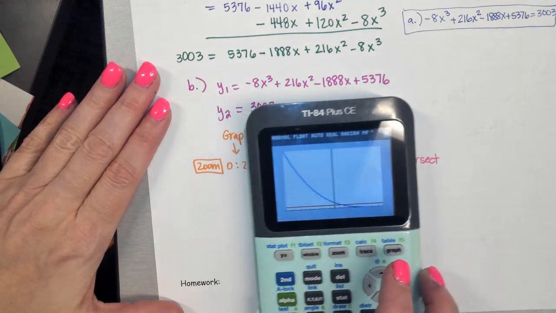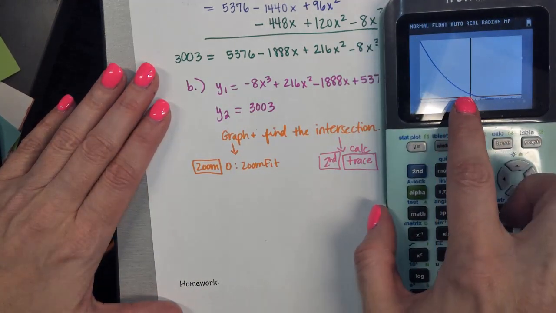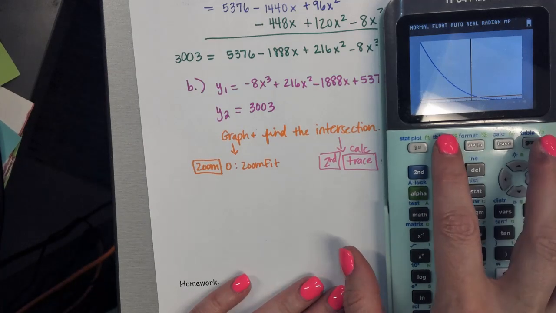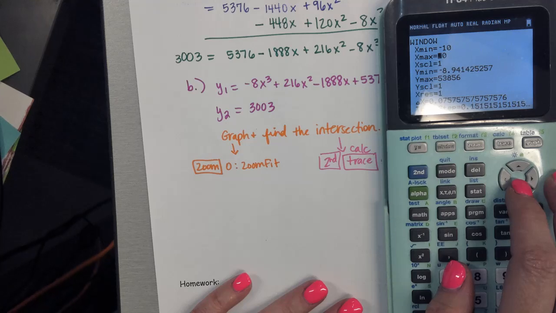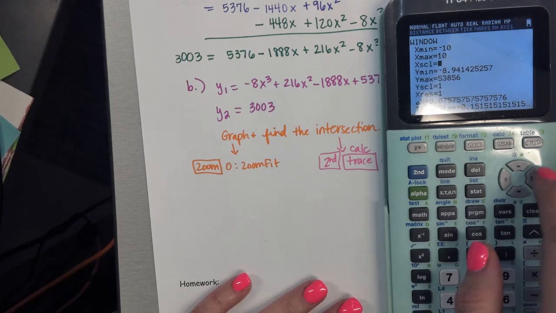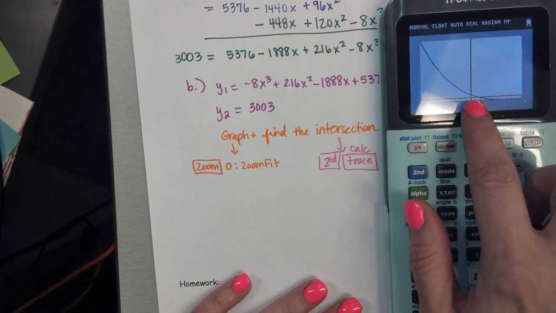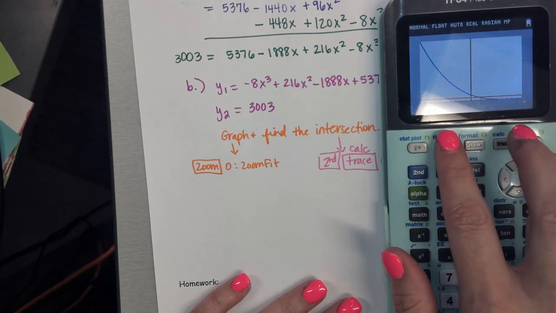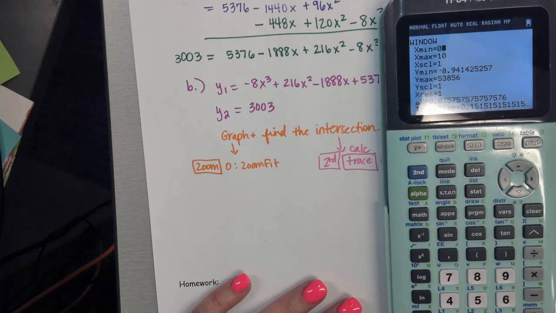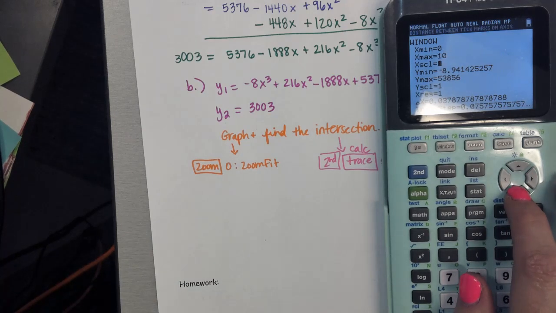And the intersection is really low on mine, so when that happens, sometimes I just go to my window and I just adjust it. So what I want to see is right here. So I'm going to make that 0 to 10.